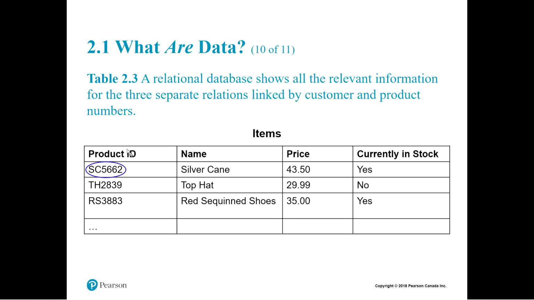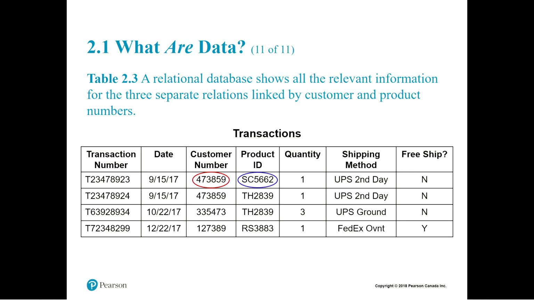When you put them together, a relational database shows all the relevant information from three separate relations linked by customer and product number.